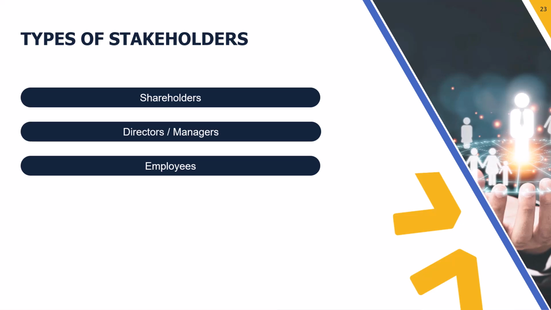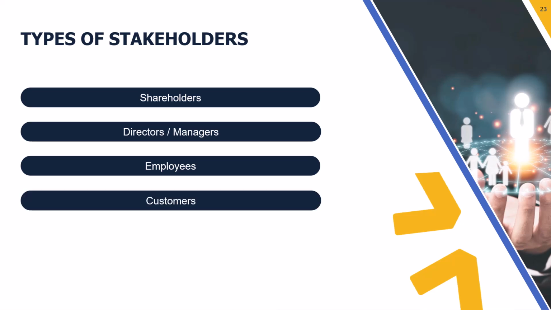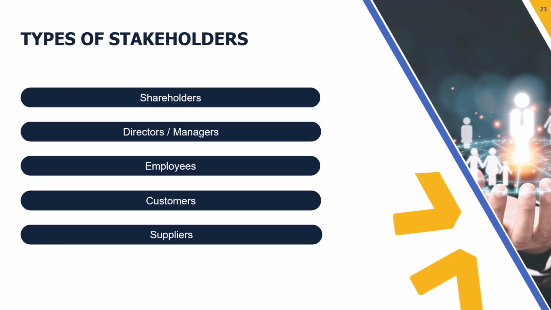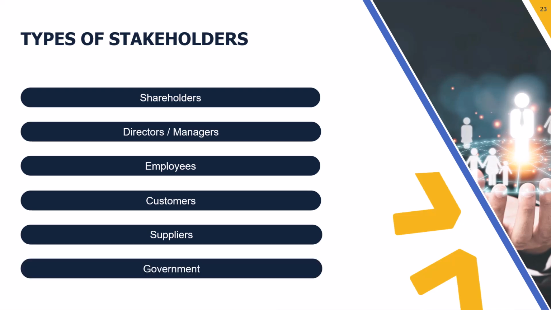Employees will be interested in the availability of their job role and making sure that they're in a position where they feel comfortable and confident that their employment will continue for the foreseeable future. Customers are going to be interested in knowing that the goods that they require are going to be delivered in a timely and appropriate fashion, and suppliers will want to know that essentially they're going to get paid. Not to forget about our governments, because governments will be interested in taxes.